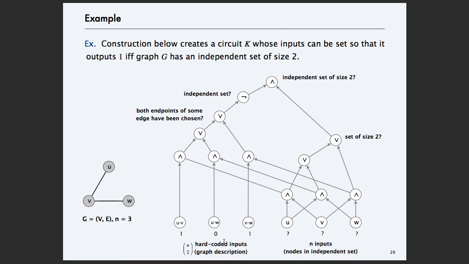These are the edges. These are all the pairs, and these are the vertices.